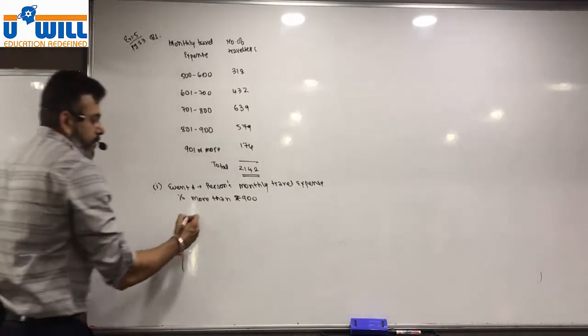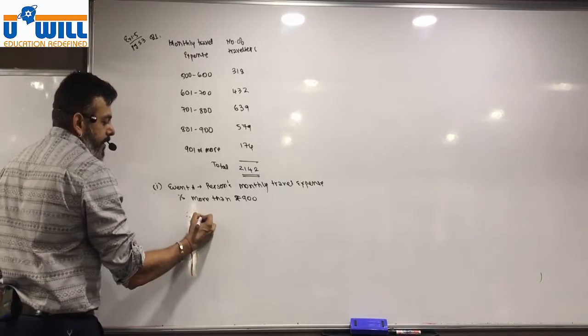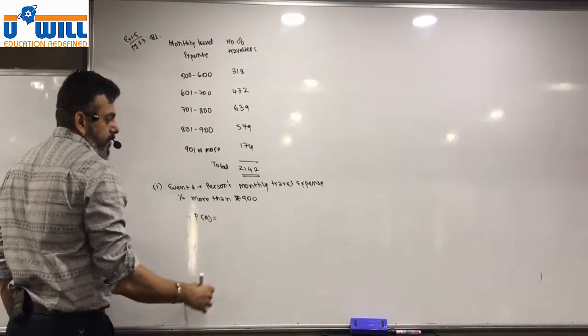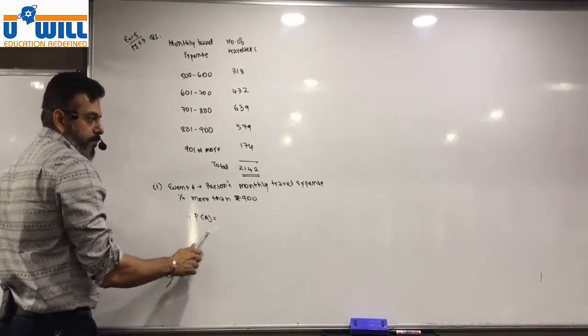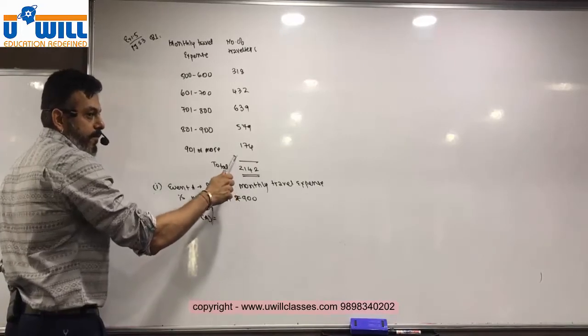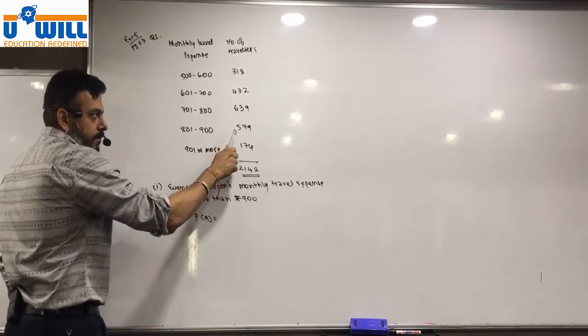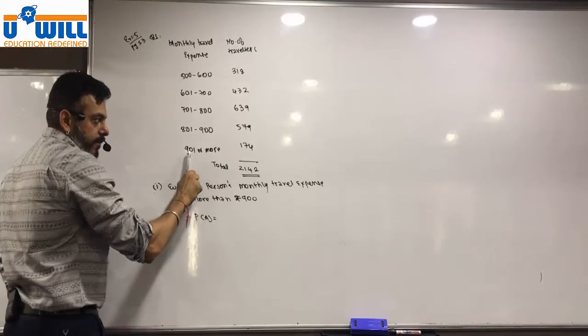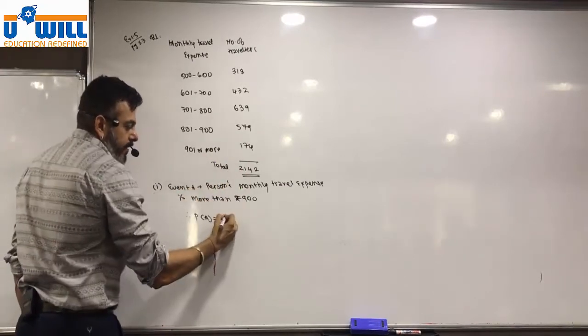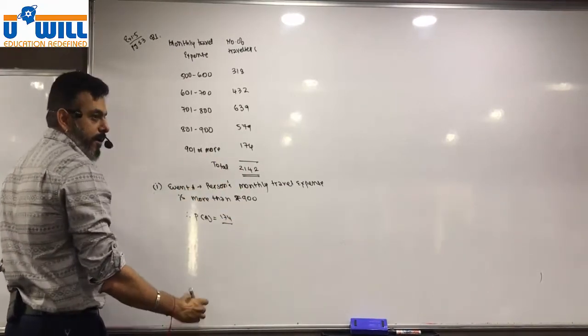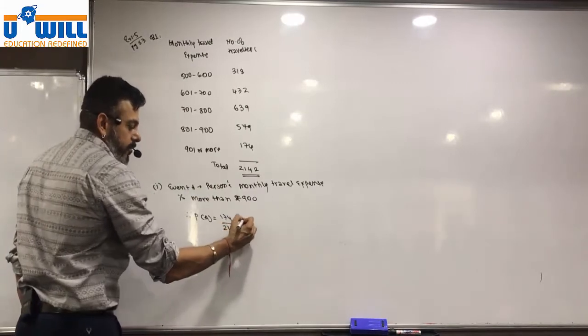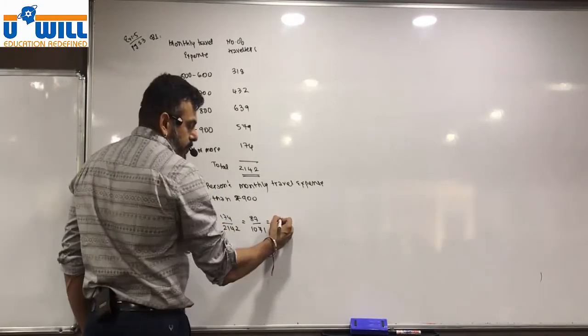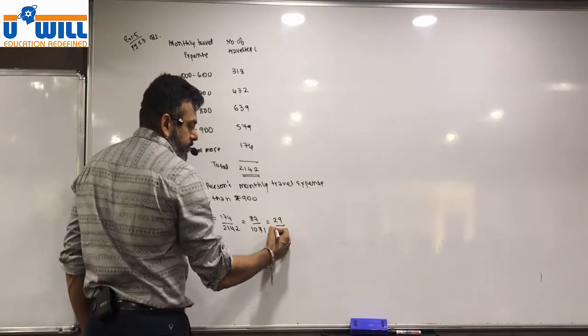Now, therefore, probability of A is equal to, more than 900. How many number of travelers are there? More than 900. So it is 174. What are the total number of travelers? 2142. Simplify. 29 by 357.